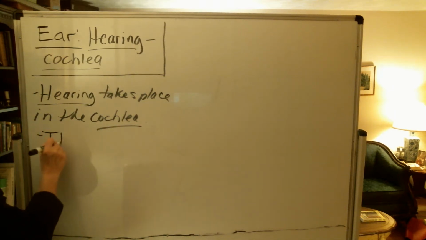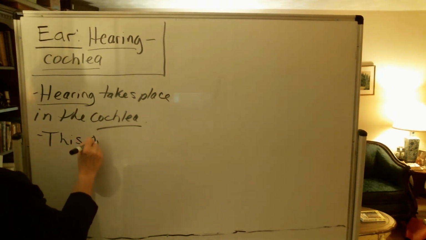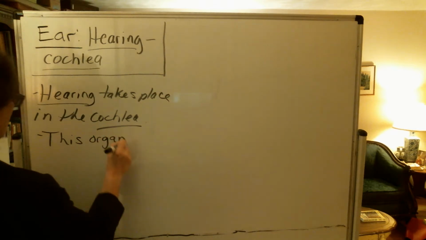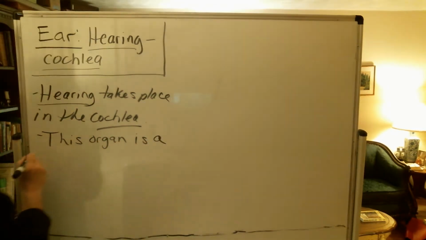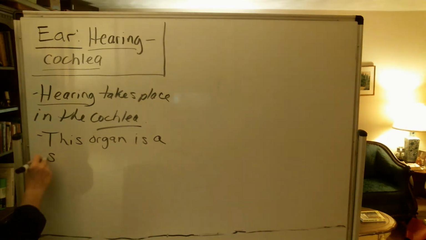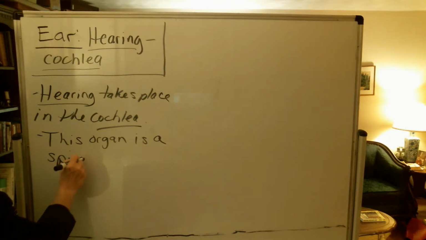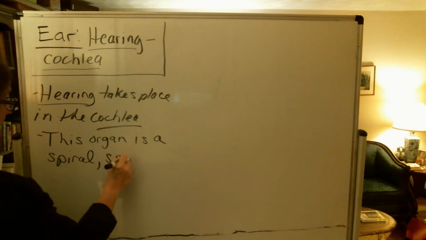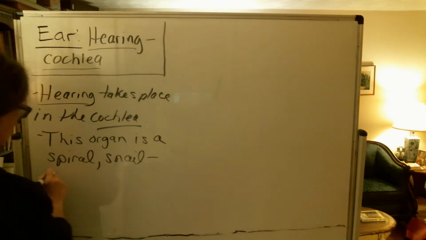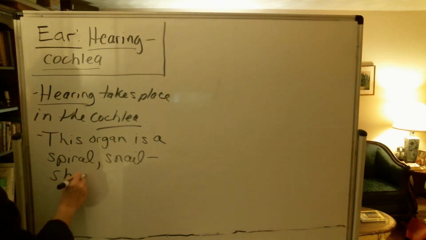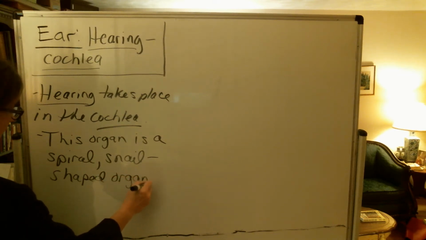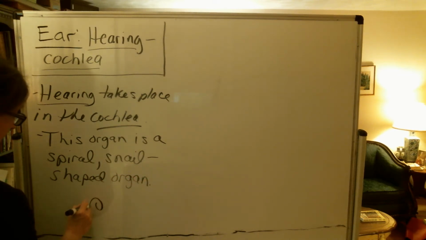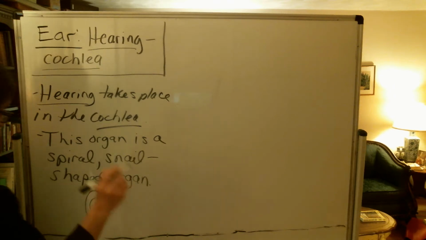And this organ is a spiral, sort of snail-shaped organ. So, this kind of a thing.